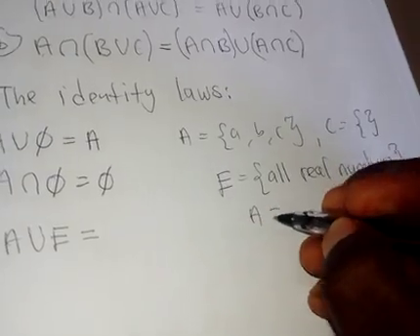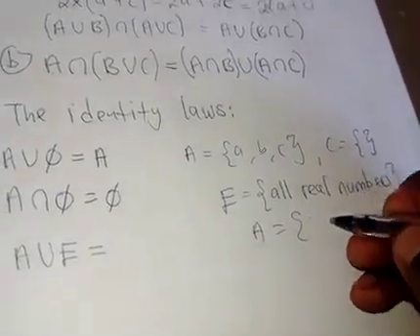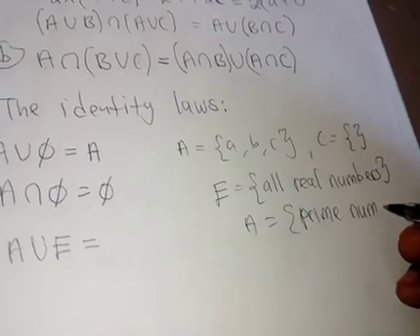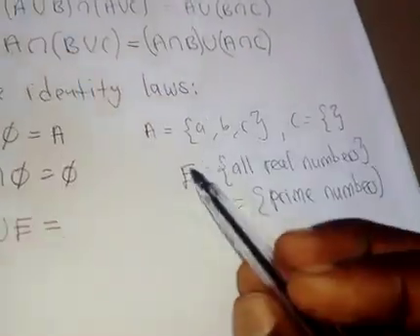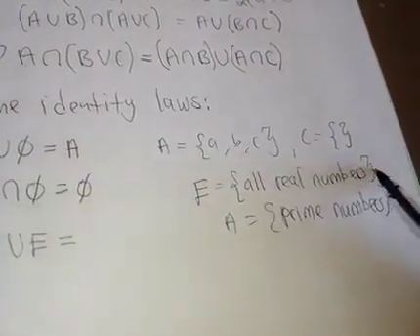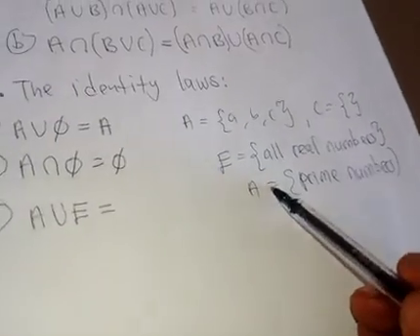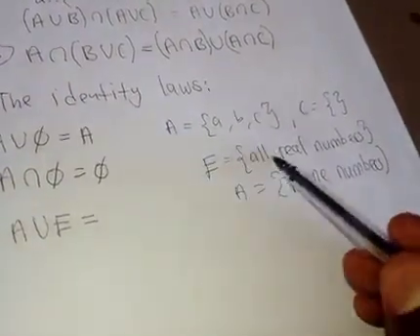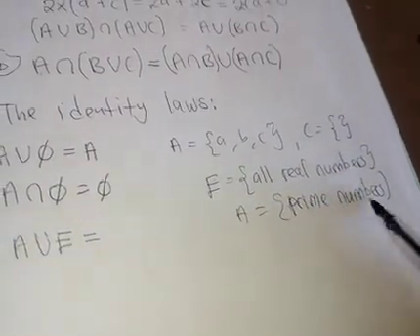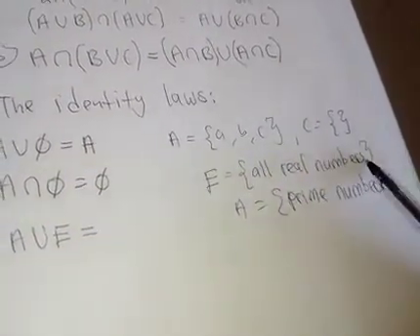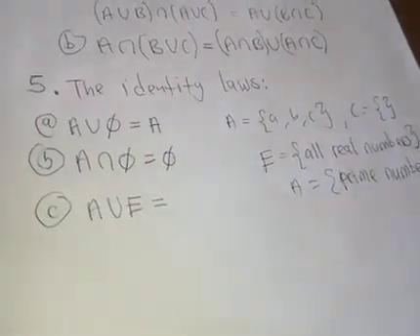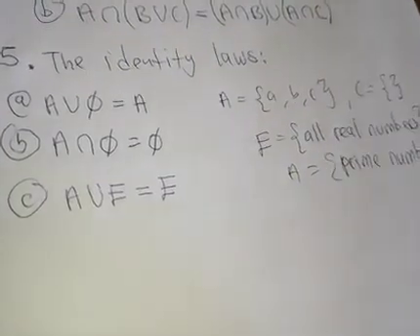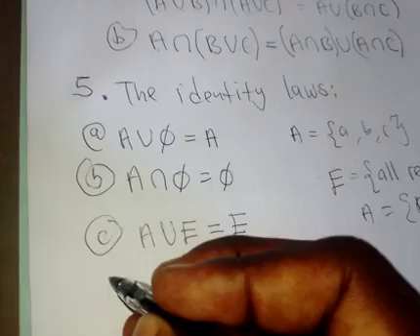Then we have set A, which contains, let's say, prime numbers. Now, what's the union of set A, prime numbers, and E, all real numbers? You find that all prime numbers are simply under real numbers. So the union of any set and the universal set gives the universal set.